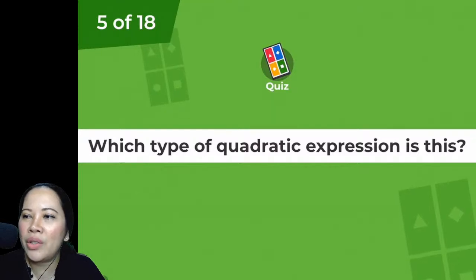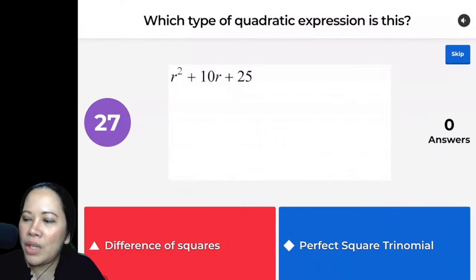Okay, perfect square trinomials, it's minus minus or plus plus. Which type of quadratic expression is this? Is this a difference of square or is this a perfect square trinomial?